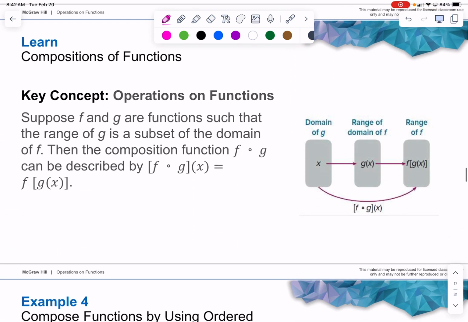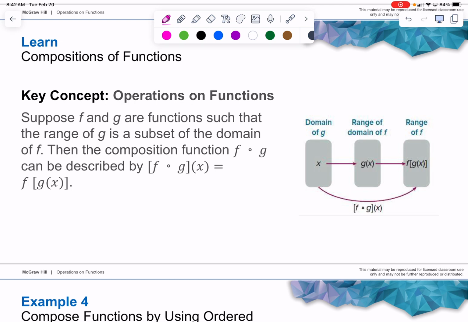Okay. We're going to go on to what we really wanted to talk about today, which was composition of functions. Now, this is going to enable us to kind of look at functions and say, hey, we've got some structure to this.